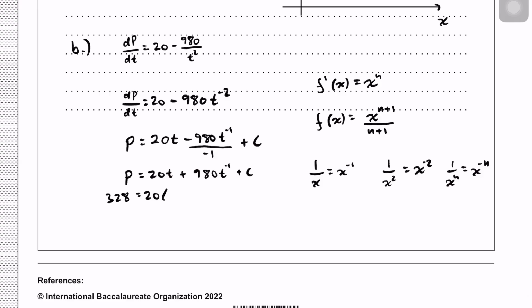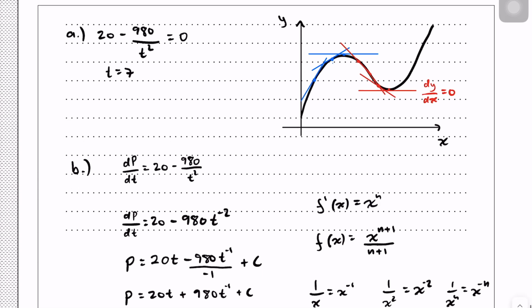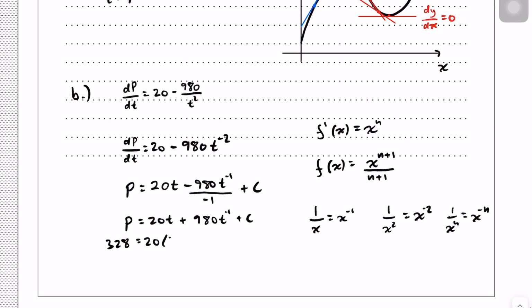T itself is equal to 5. And now we have an equation just in terms of c. So we can go ahead and solve for this. So let's go to the calculator, we use nsolve and work this out.